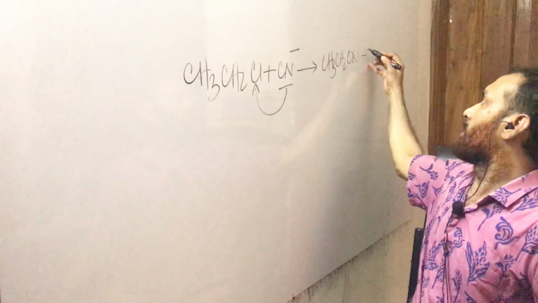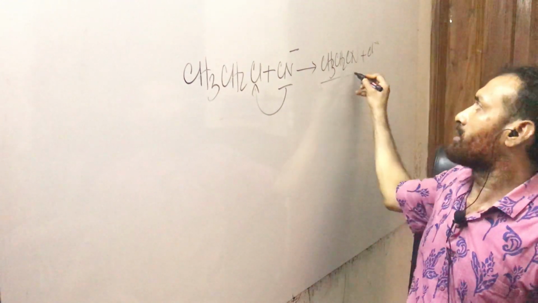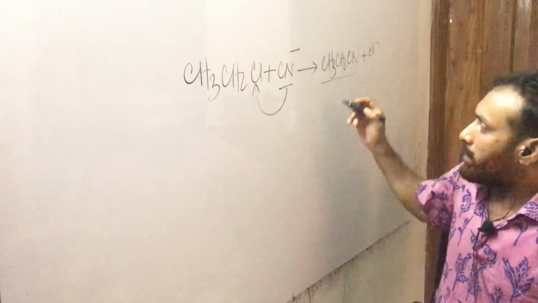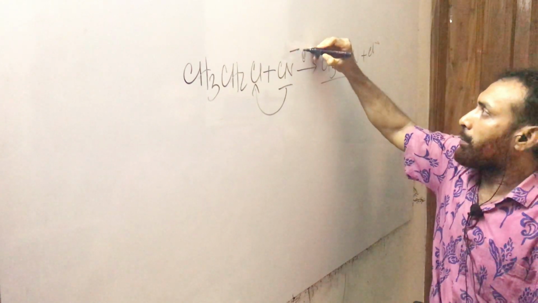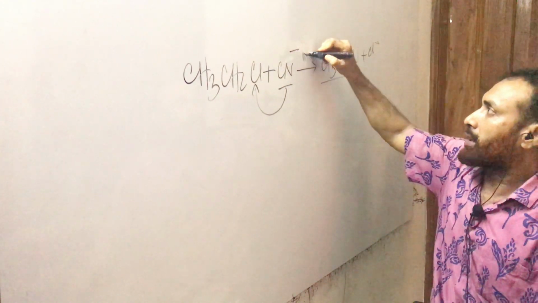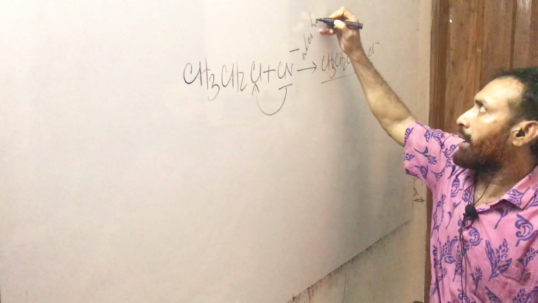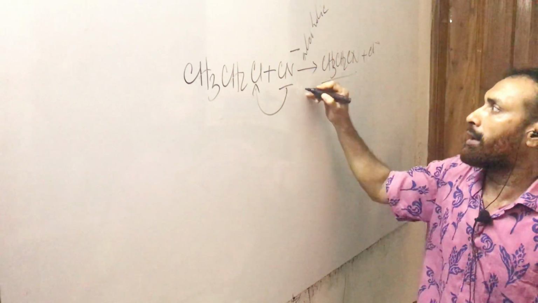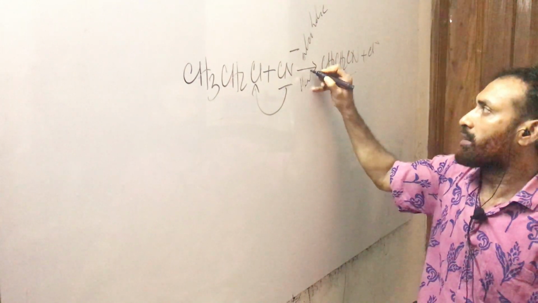Here the chloride has been removed. This is the product you get. And here the medium is also alcoholic, like the previous reaction. The reaction occurs in alcoholic medium, and you need to heat for the reaction.